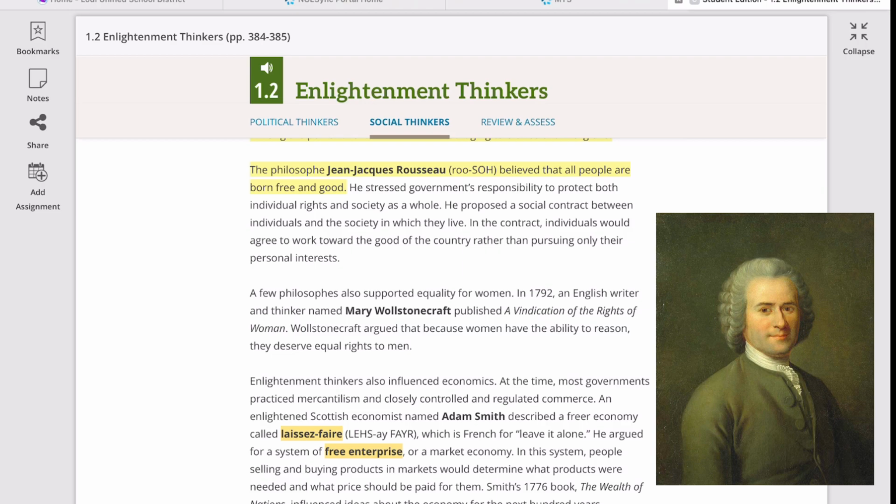In other words, it is thinking not of what your country can do for you, not what your government can do for you, but what you can do for your country. It's a mutual understanding, or even better, an agreement. So as the people support their government, the government's responsibility is to protect individual rights and the welfare of the majority.